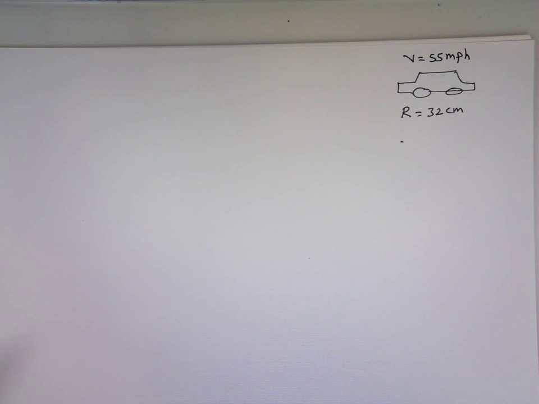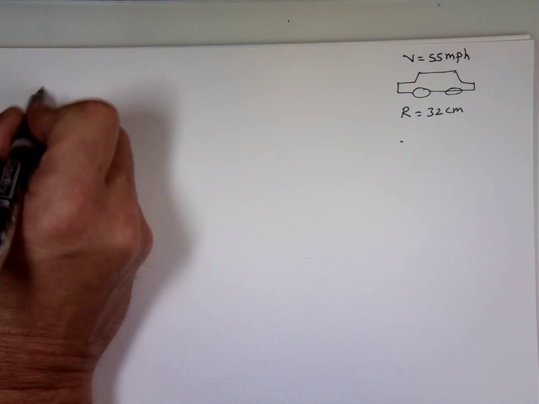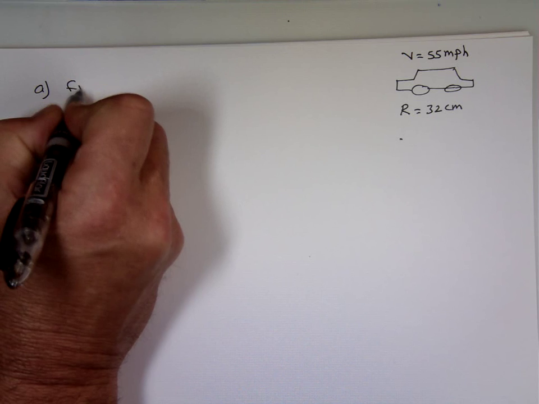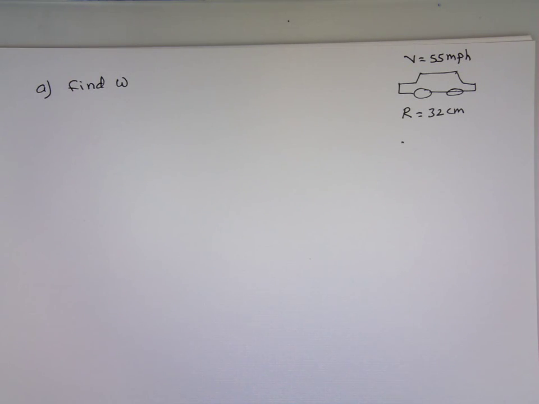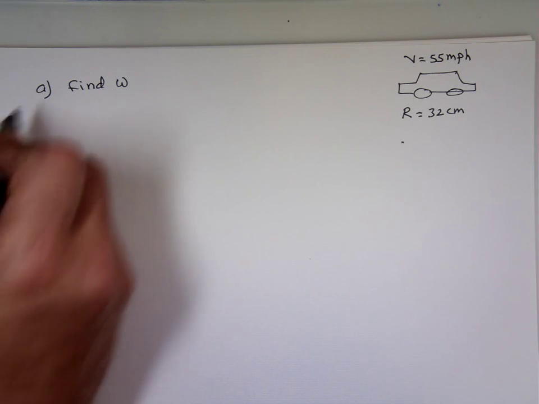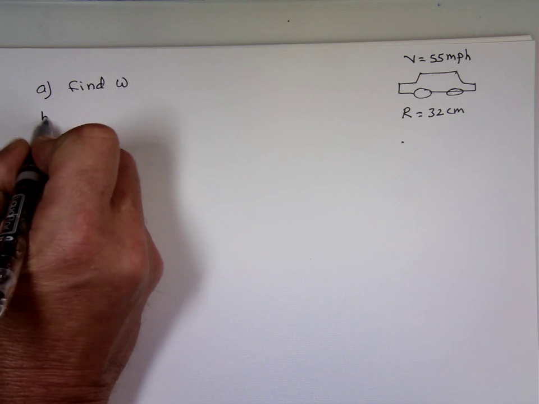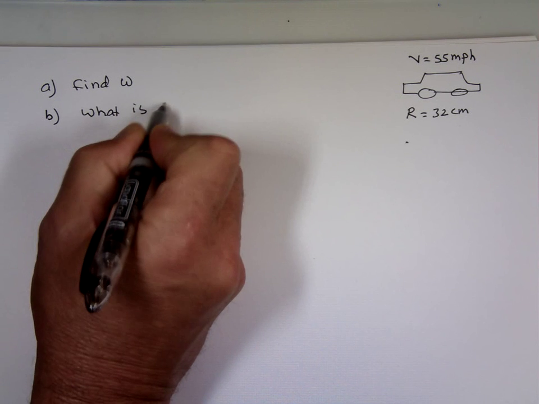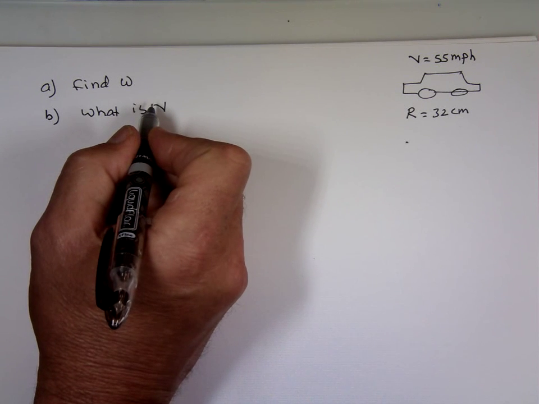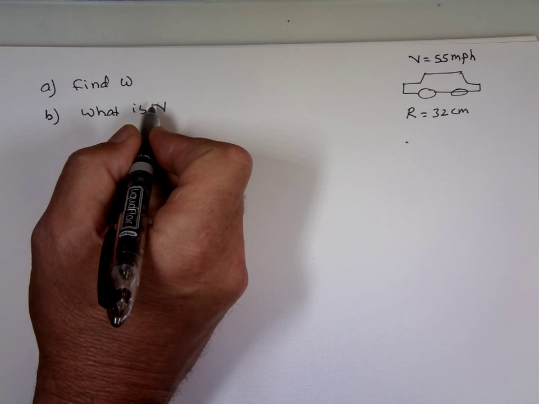What is the angular speed of the tire? So question number 1, find W. And the second question, B, what is V? What is the speed at the top of the tire?